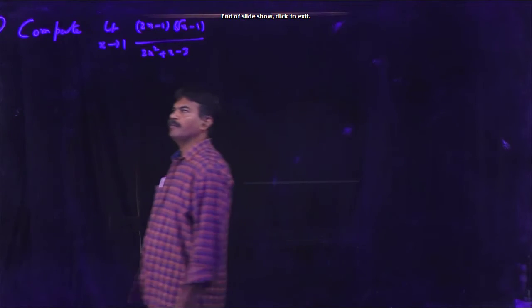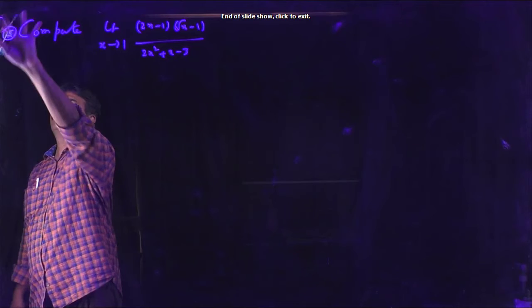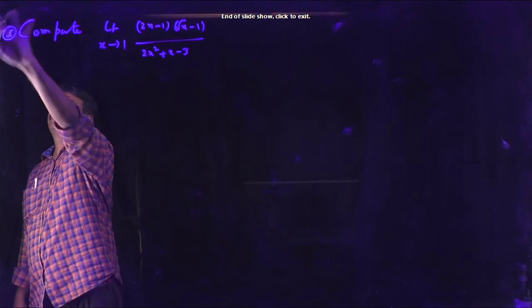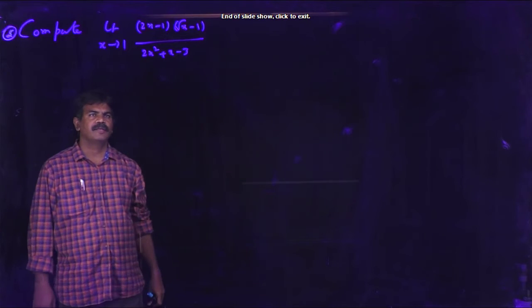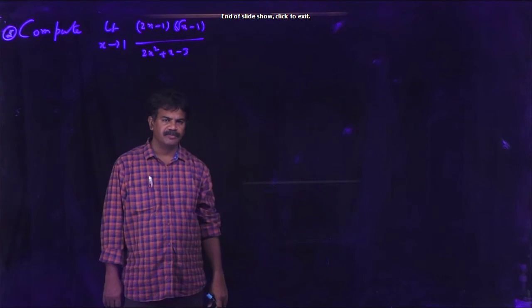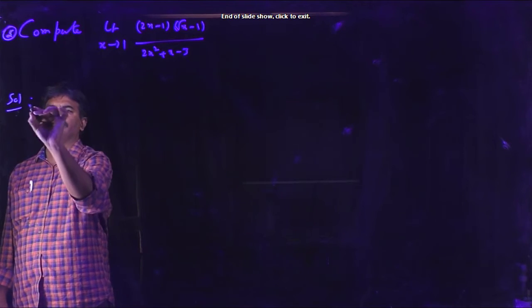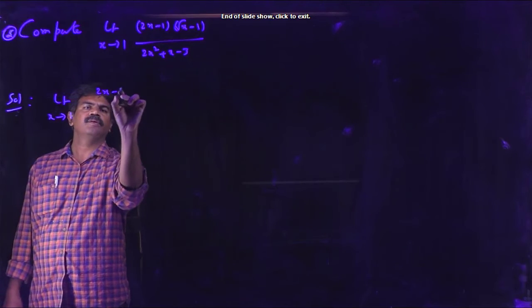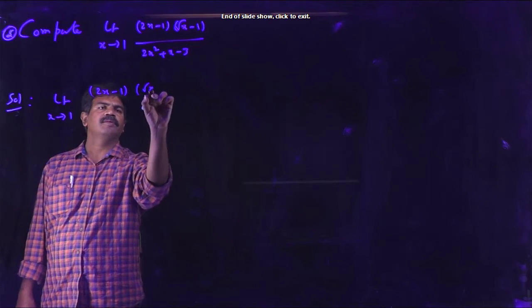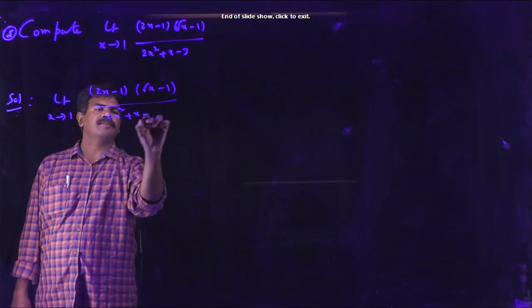So another problem, that is the fifth one, compute limit x tends to 1 2x minus 1 into root x minus 1 by 2x square plus x minus 3. So given limit x tends to 1 2x minus 1 into root x minus 1 by 2x square plus x minus 3.